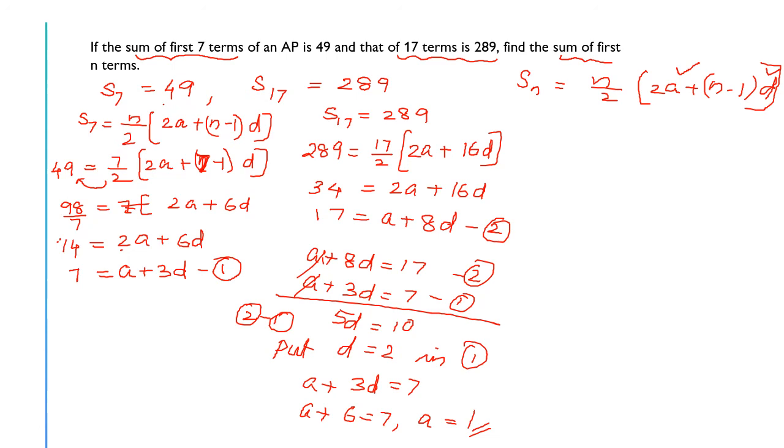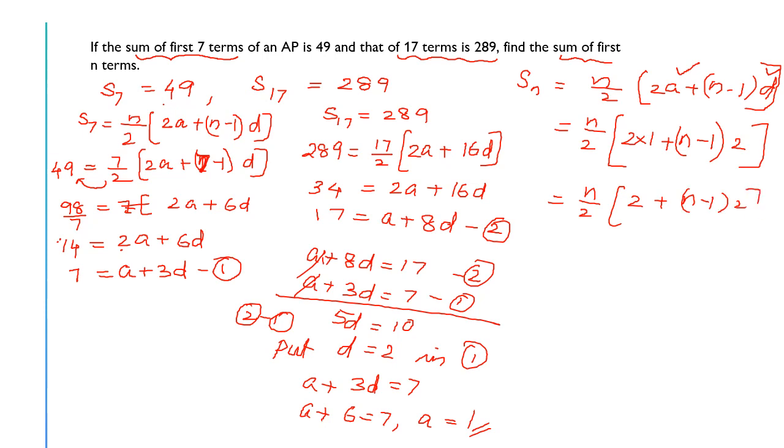Now we have to find the sum of n terms. Sn is equal to n by 2 into 2 into 1 plus n minus 1 into d, which is 2. So substitute those values: n by 2 into 2 plus n minus 1 into 2. Is there anything that you can take common? 2 can be taken common outside.